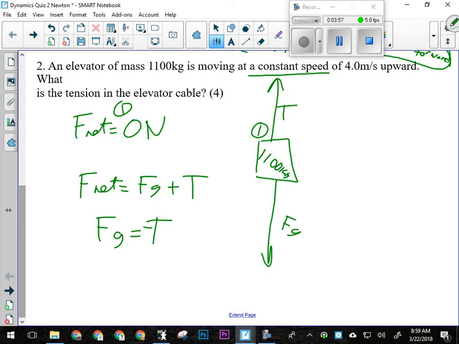Give them a mark if they have some kind of sum of all forces thing in here. Fg is m times g, 1100 times 9.81.